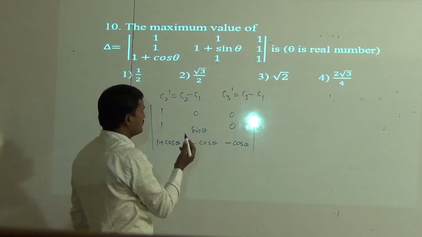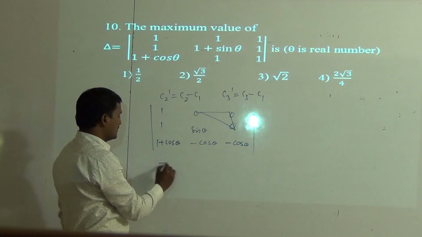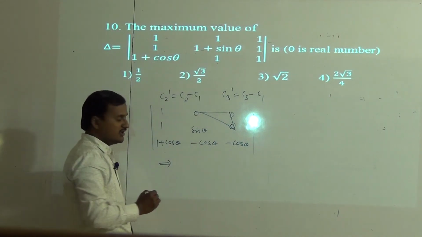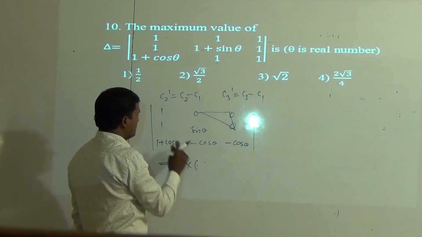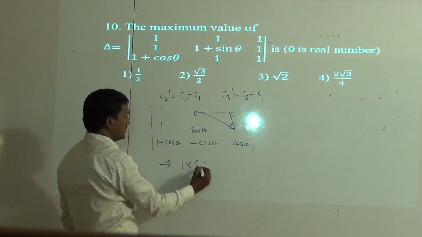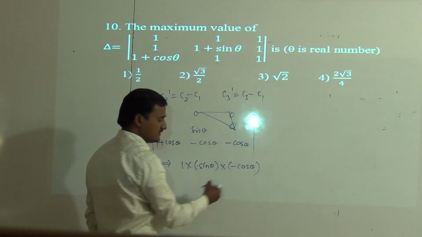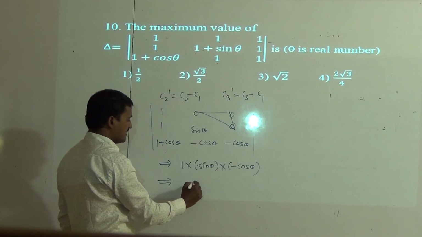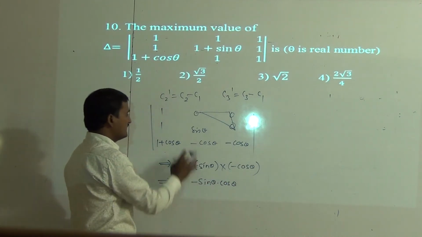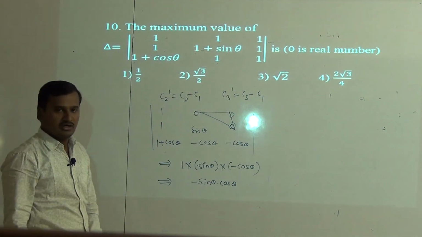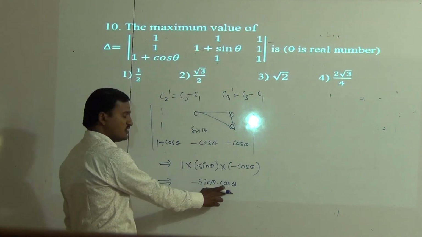Now I check that one side of the principal diagonal elements are equal to 0, so the value of the determinant is the product of the principal diagonal elements. That is, the value of this determinant is equal to sin theta into minus cos theta. Simplifying this, clearly you get minus sin theta into cos theta. Now I should find the maximum value of this.